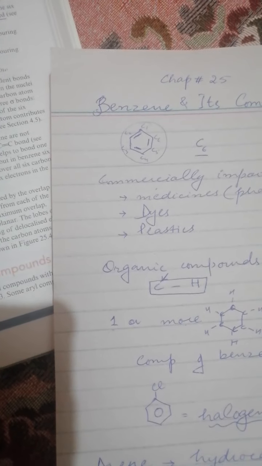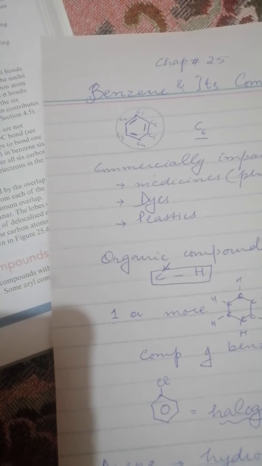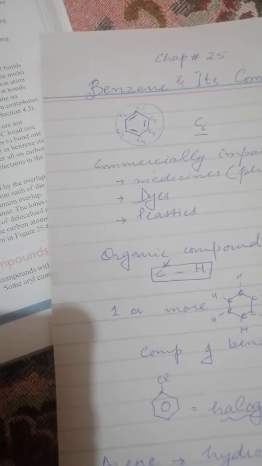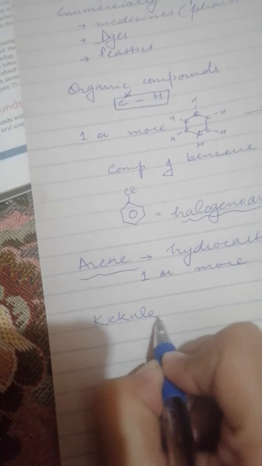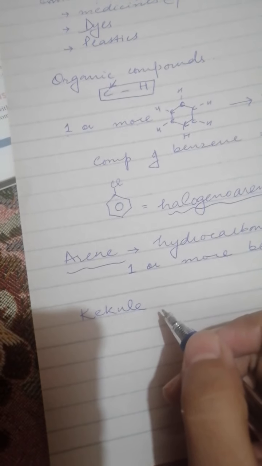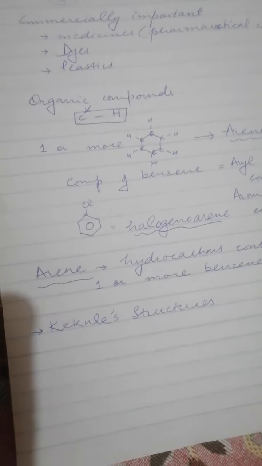To elaborate the structure of benzene, the scientist Kekulé gave two structures, which were considered Kekulé's structures.